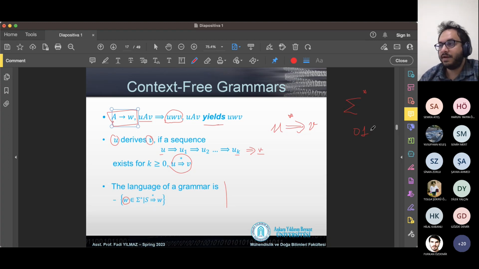All the strings are there. So sigma asterisk means all the strings that you can generate with your input alphabet, or your terminals, but S must derive those w's. This is your language.